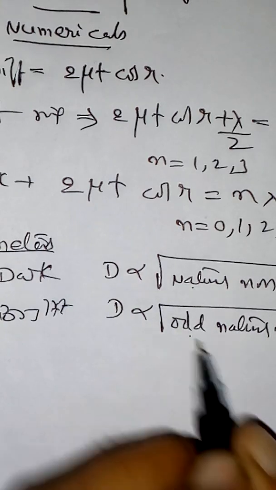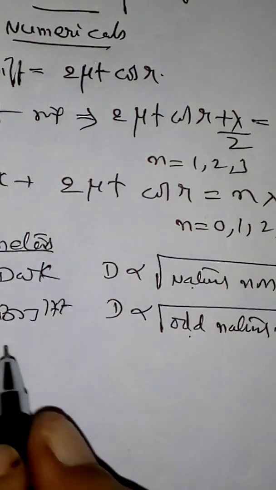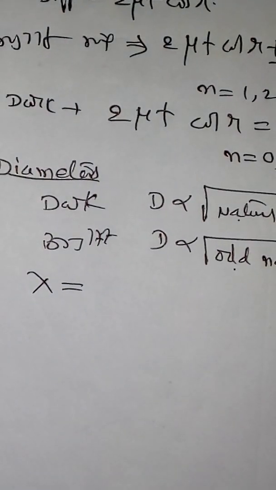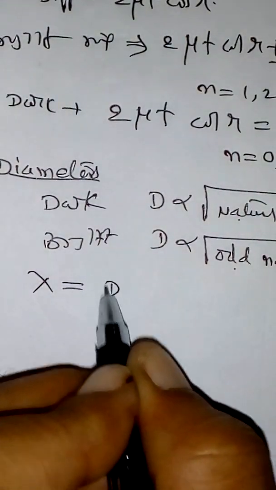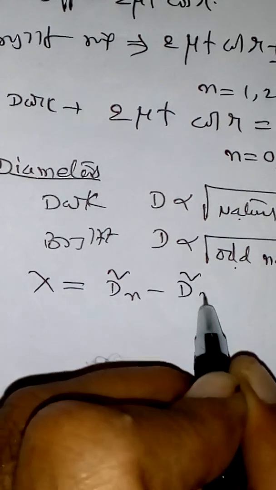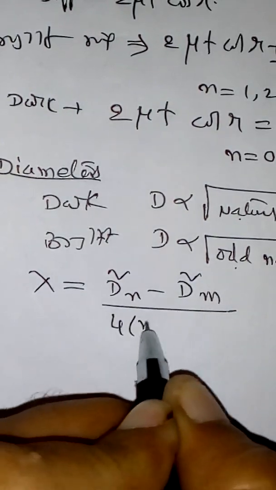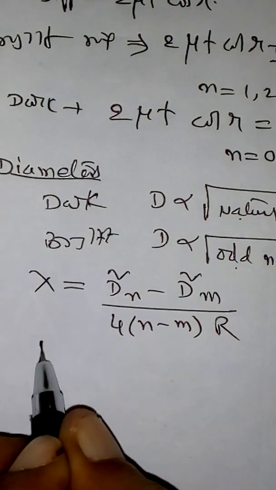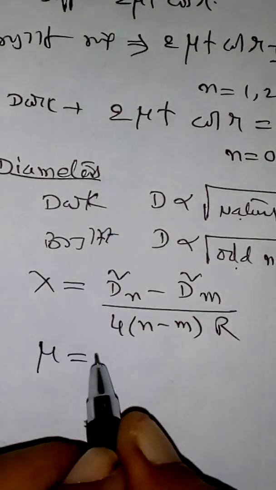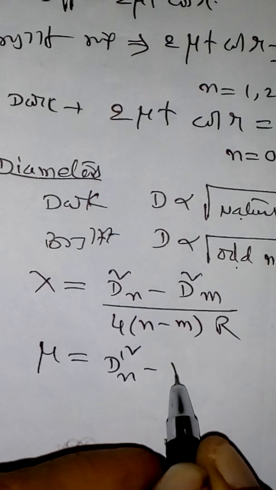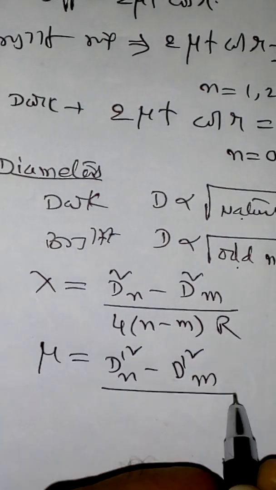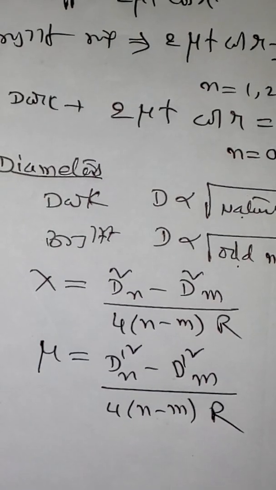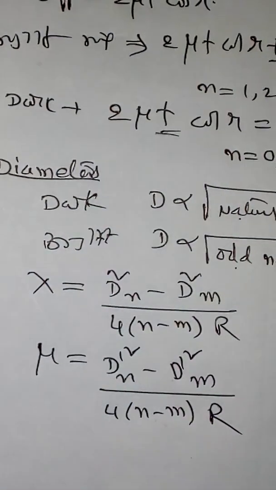This is n, this is 2n minus 1. And for determining the wavelength, we found lambda as (d square n minus d square m) by 4 into (n minus m) into r, or in the case of the refractive index, (d dash square n minus d dash square m) by 4 into (n minus m) into r. Now from this you can also find thickness.